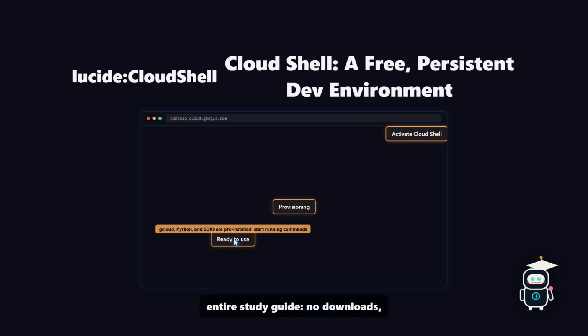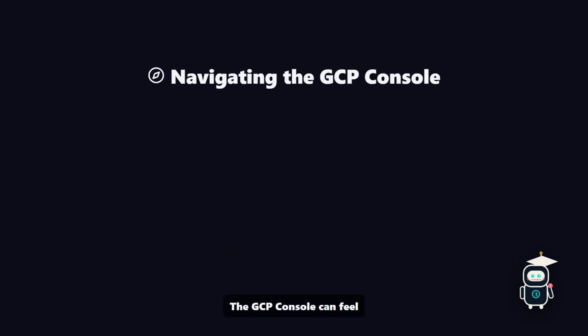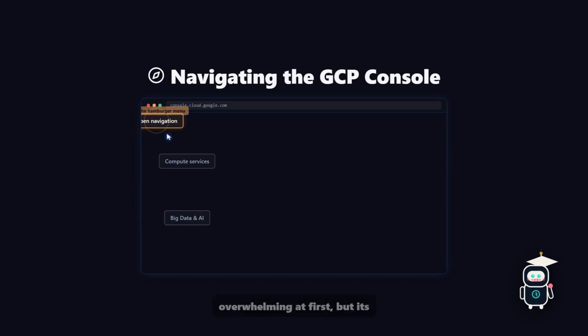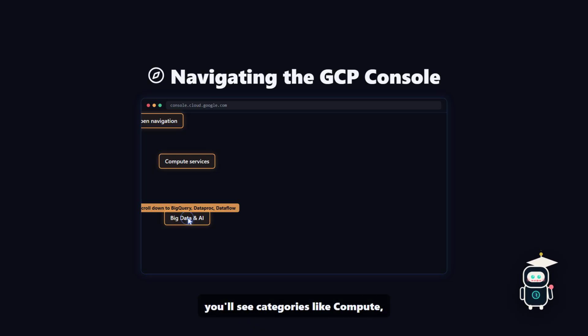No downloads, no headaches. The GCP console can feel overwhelming at first, but its structure is actually logical once you learn the mental map. Click the hamburger menu, and you'll see categories like compute, storage, networking, big data, and AI, each grouping the related services.